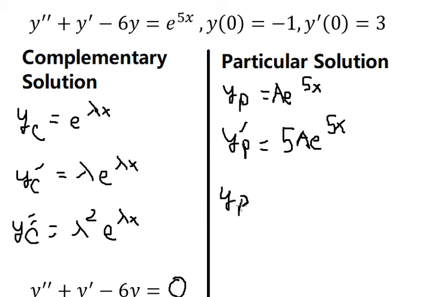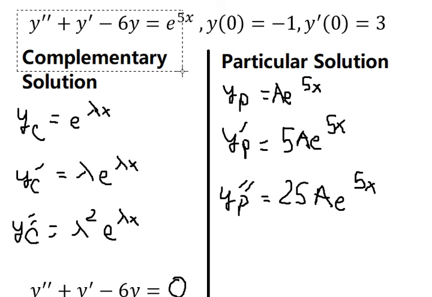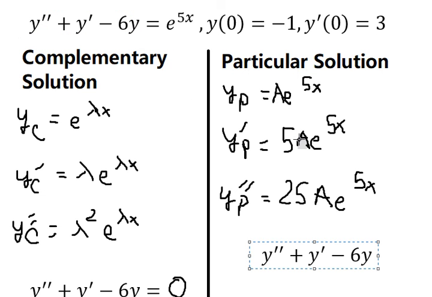Now we do second derivative. We have number 25A e to the power of 5s. Now we have this one. So I need to put this one in here, this one in here, and this one in here.